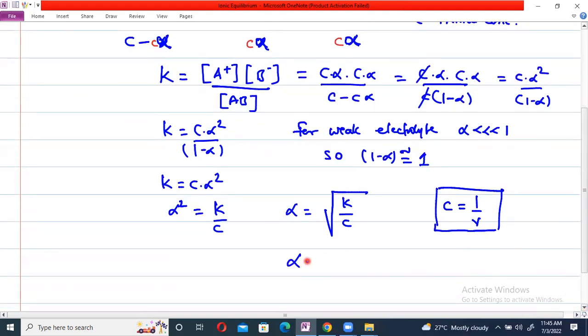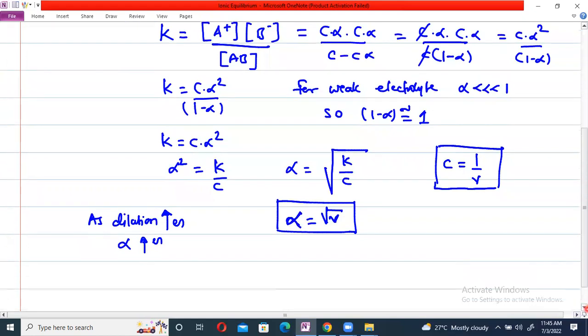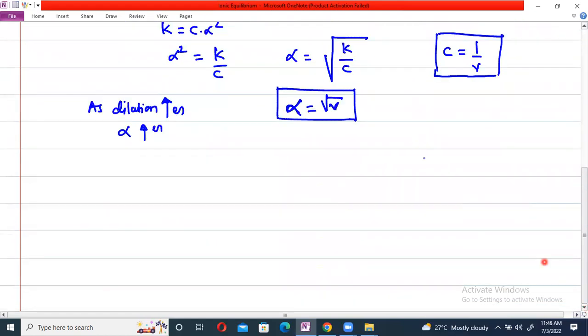So we can say alpha is proportional to under root of V. That means as the dilution increases, alpha, the degree of dissociation, also increases, because as dilution increases, volume increases, so alpha also increases. Based on that, we'll see the applications of the Ostwald law. What are the applications of Ostwald law? Listen here.